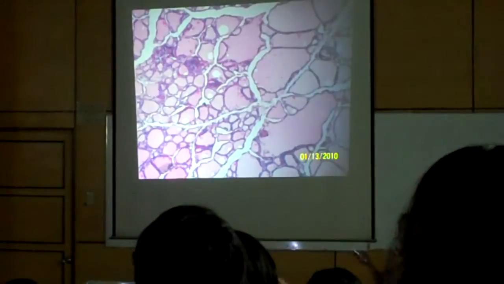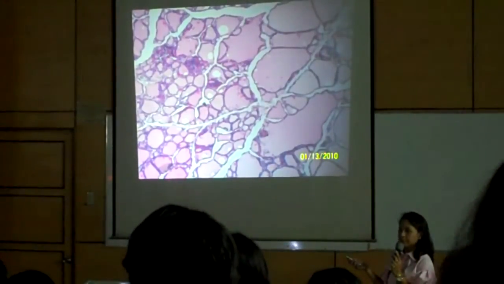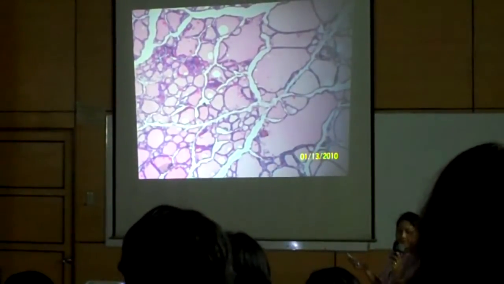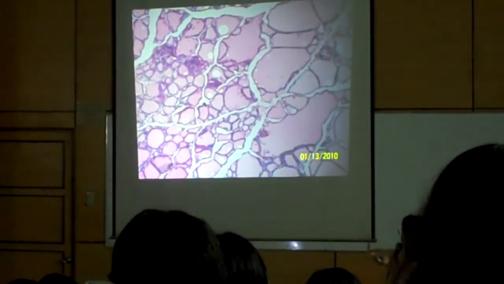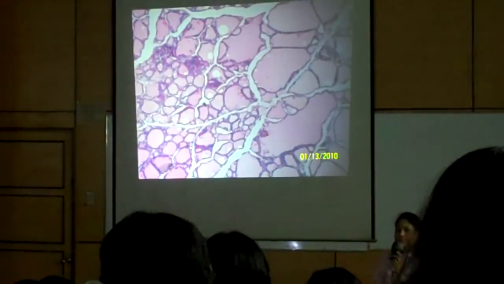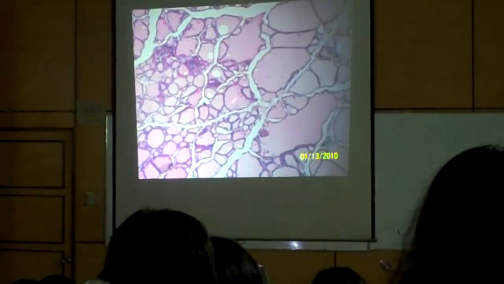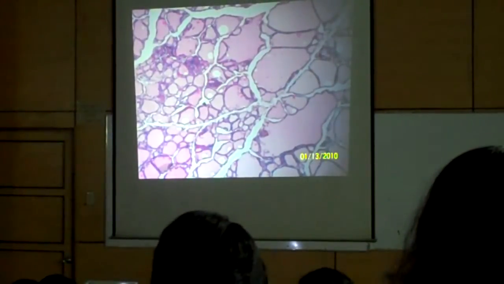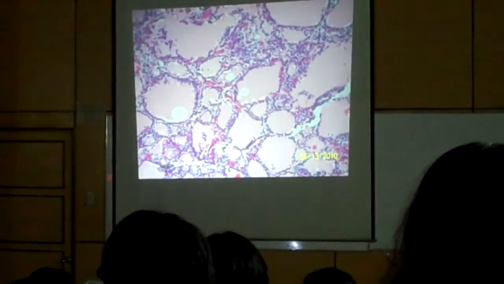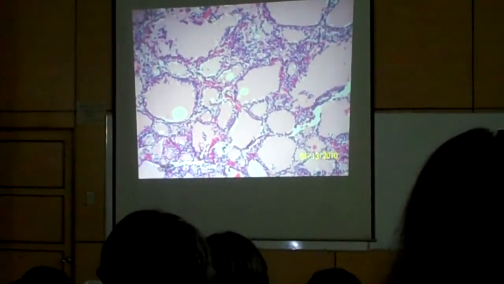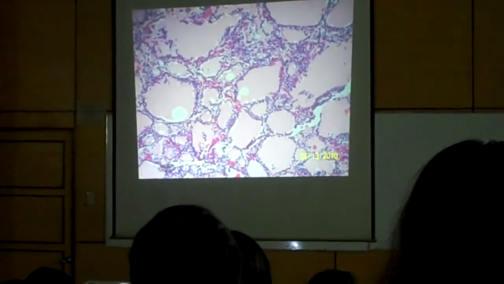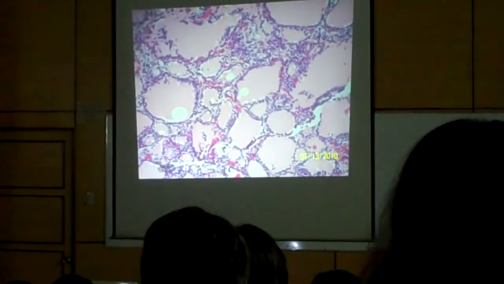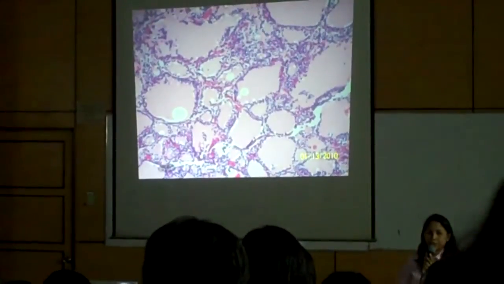Identify the whole organ. What is this? Thyroid. Okay, composed of follicles. A follicle is the structural and functional unit of a thyroid gland. Each follicle is lined by two types of cells again. Okay, the majority of the cells are what?